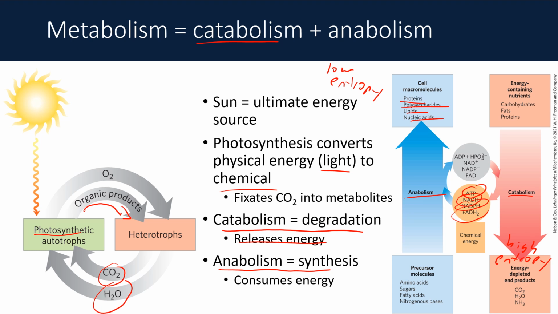This is what allows the fixation of a very high entropy waste product, CO2, into metabolites that are complex and high in energy, like sugars. Without that, life has nothing to work with.